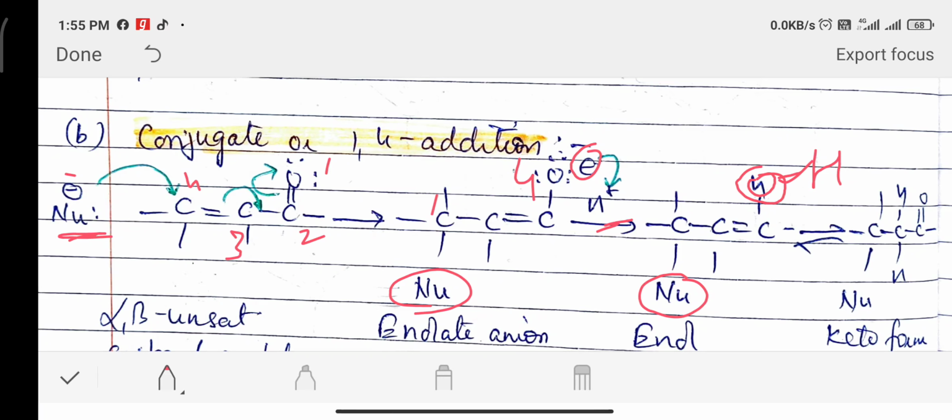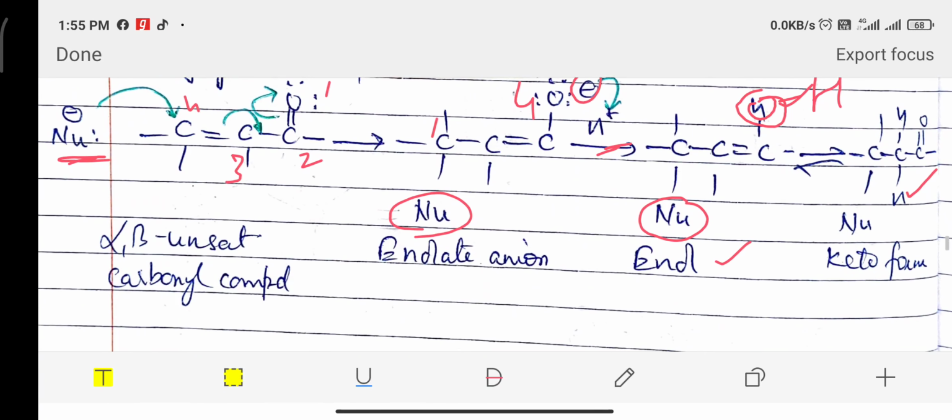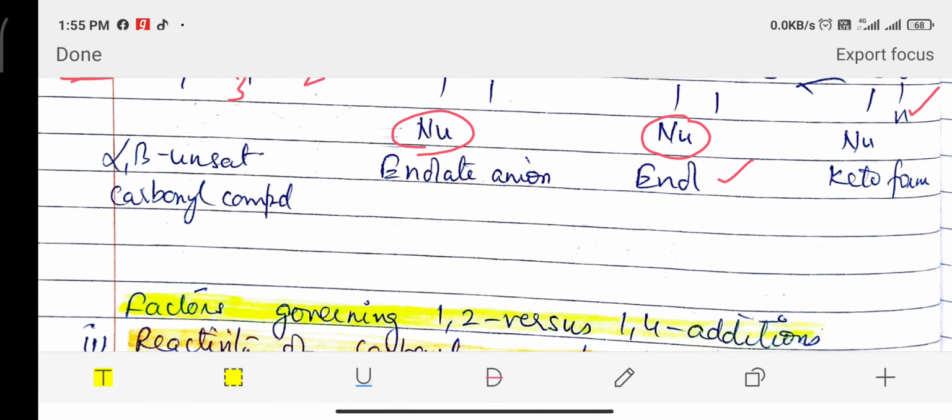We can easily write it, and it is an enol, in which the carbon carrying the double bond group has an OH group also. It is in dynamic equilibrium with the keto form, in which hydrogen shift takes place. So this is the 1,4 addition. It is also called conjugate addition, like conjugation, conjugating bonds.